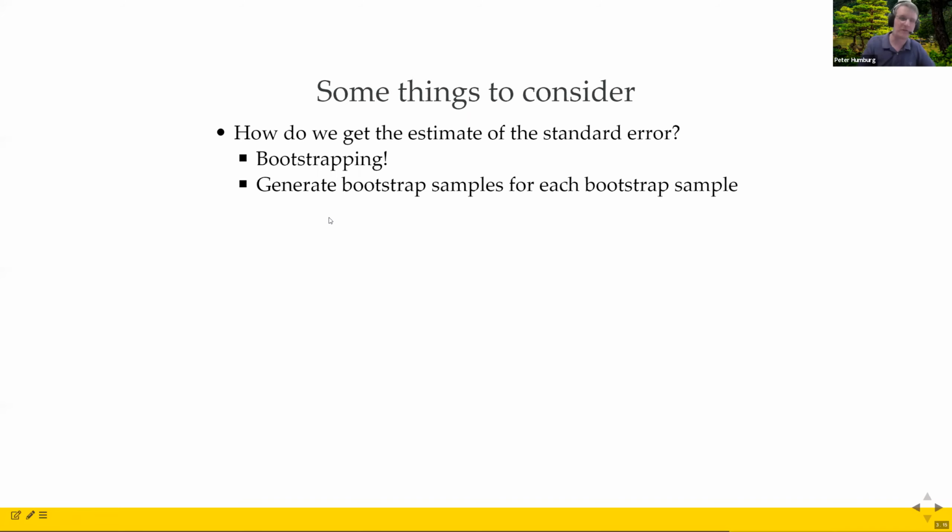So now for each sample, we are creating another set of bootstrap samples. So you might do another 1,000 each, say. And then you can look at those, and that will tell you about the variance in that estimate, and that will give you your standard error.